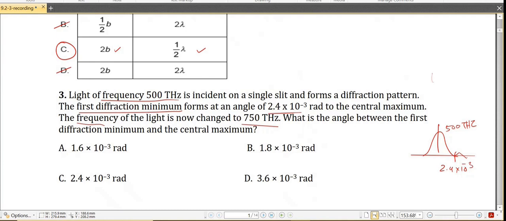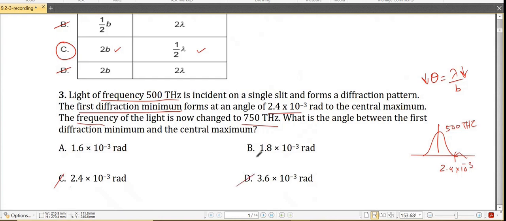Look at the equation. Theta equal to lambda upon b. Frequency is increasing, which means lambda is decreasing, which means theta has to decrease. That's the first thing. So when I look into where theta is decreasing, it cannot be the same.